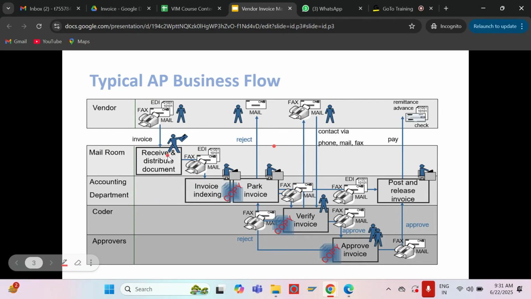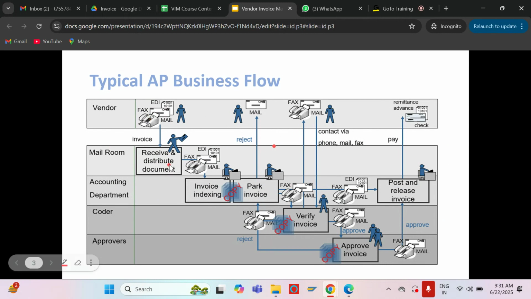In that case, the processing and posting of the invoice will be delayed, which will result in a delay in payment to the vendor. And there might be implications, like having to pay a penalty because of late payment. So this is one of the cases in a non-automated solution.